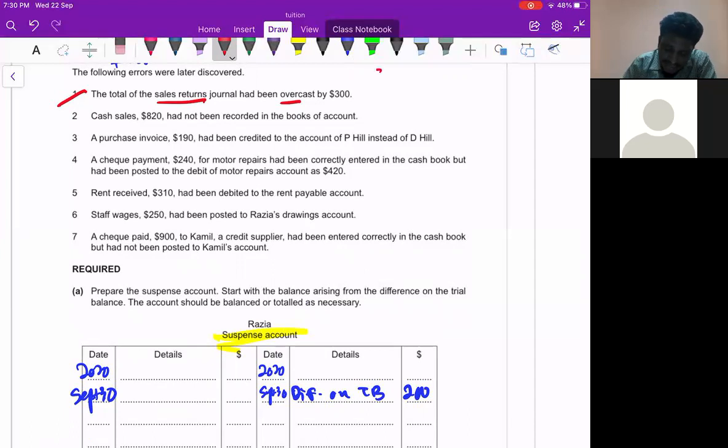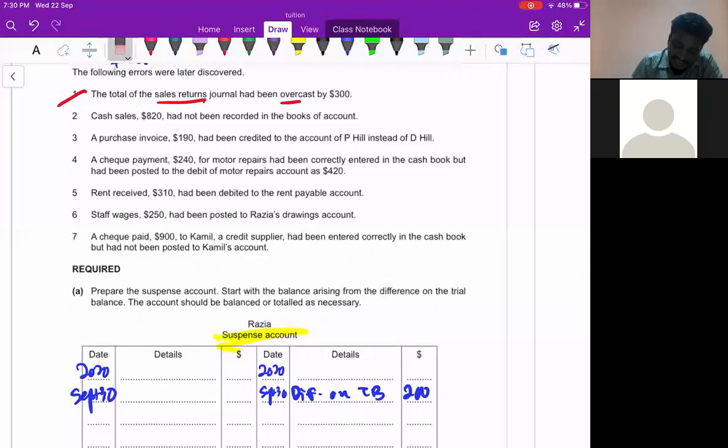Normally sales return will be on the debit side. So now I need to minus. So it will go debit or credit? It will go credit.